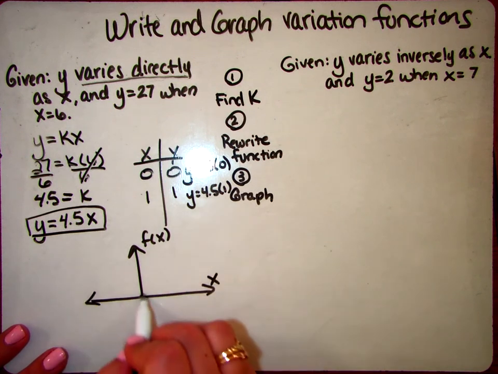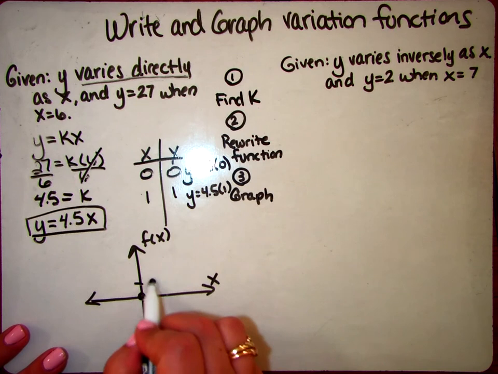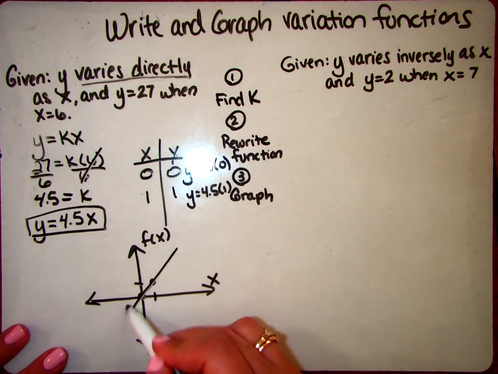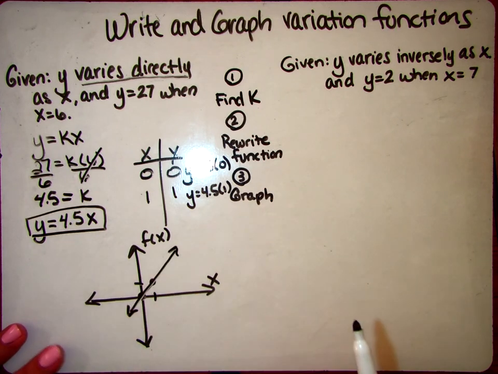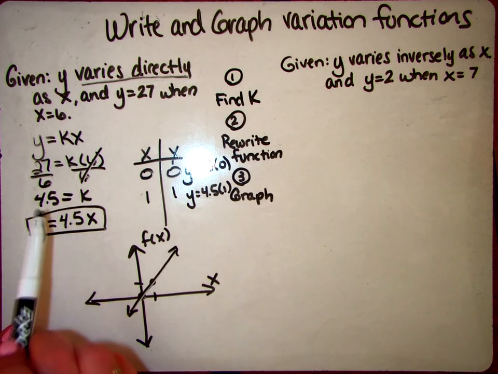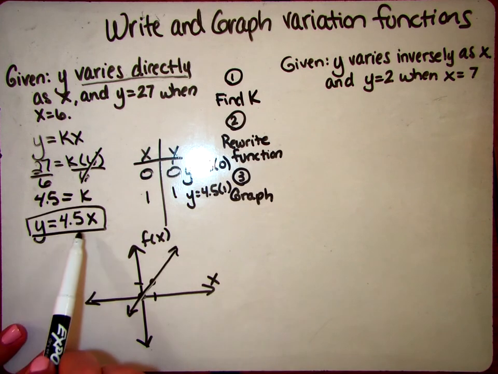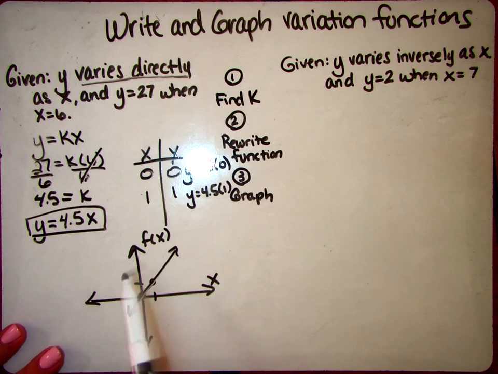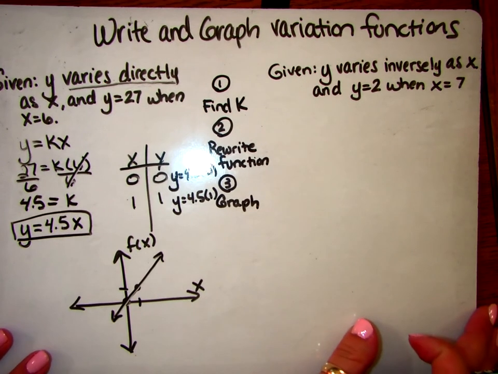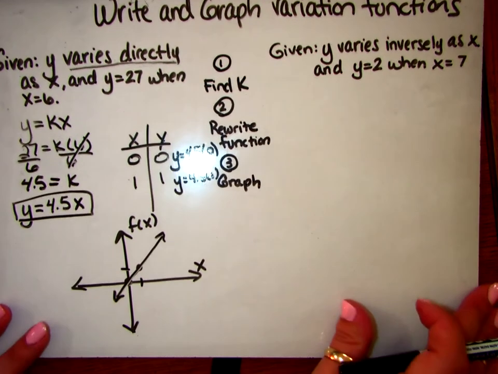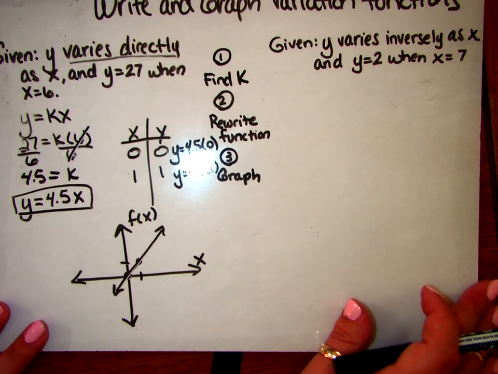At 0, 0 I have a point, and at 1, 4.5 I have a point. Draw your line, put arrows on the end, we're all done. So we found k, we rewrote our function, and then we just use an XY chart to plug in any numbers that you want. You just need 2 points.